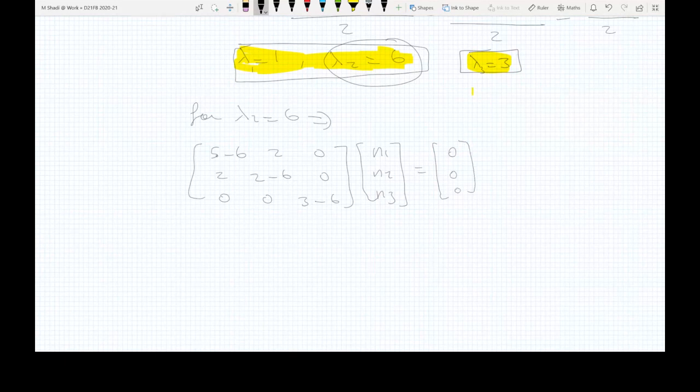So expanding this, 5 minus 6, this is minus 1, n1, added to 2 n2 is equal to 0. The second equation, 2 n1, and then we have 2 minus 6, this is minus 4 n2. And finally, I have minus 3 n3 is also equal to 0.